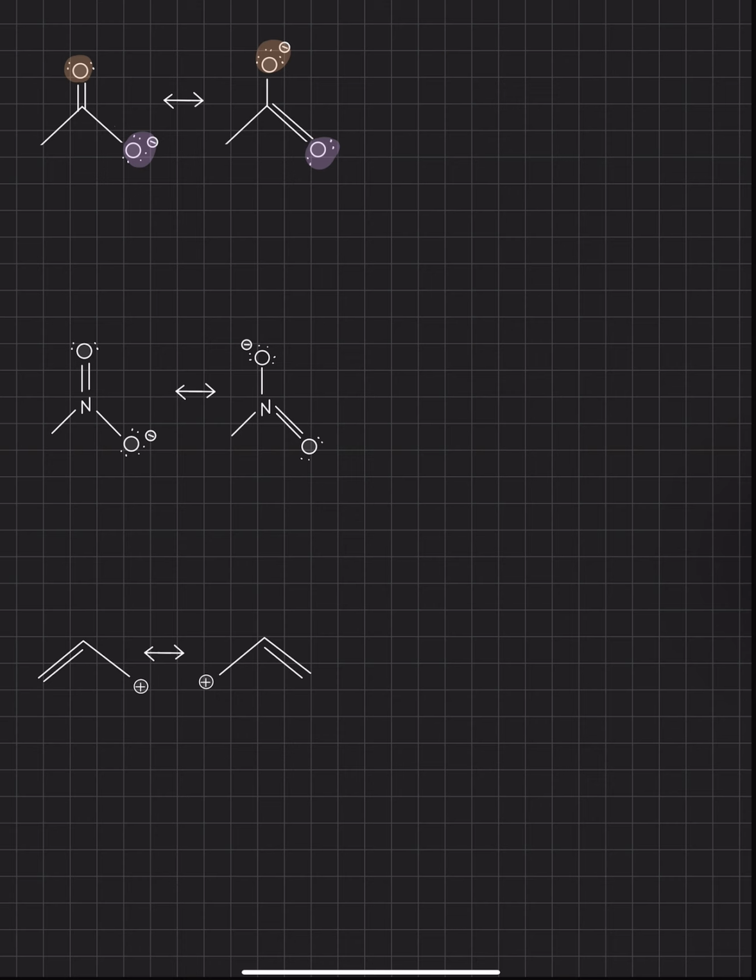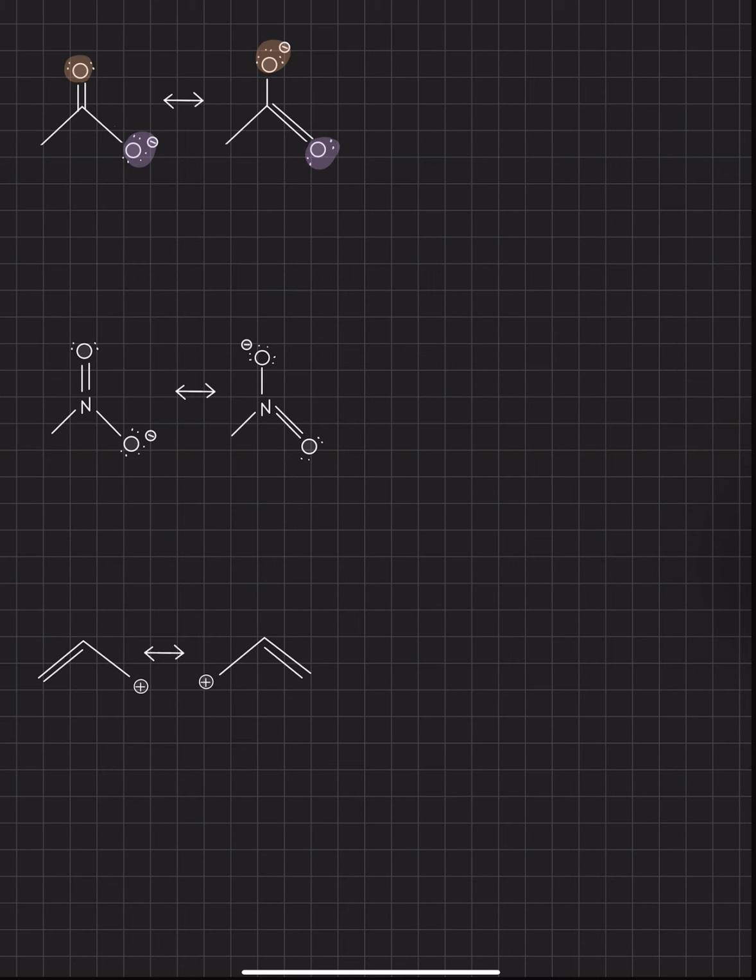On the structure on the right, you have an oxygen with no formal charge, and again an oxygen with a negative formal charge. What's changing is that on the left, oxygen 1 has no formal charge and oxygen 2 has a negative formal charge, and then it flips on the right. Oxygen 1 has a negative formal charge and oxygen 2 has no formal charge.